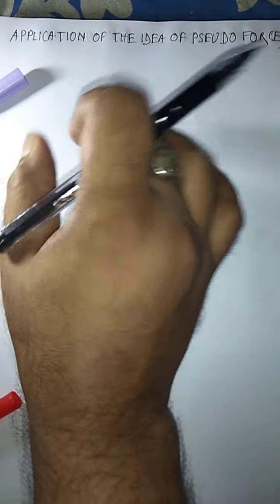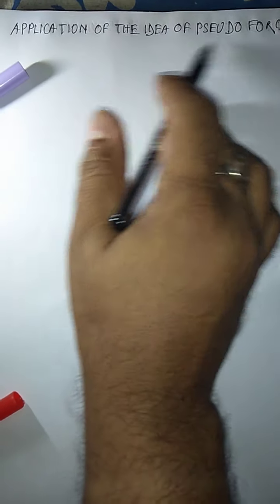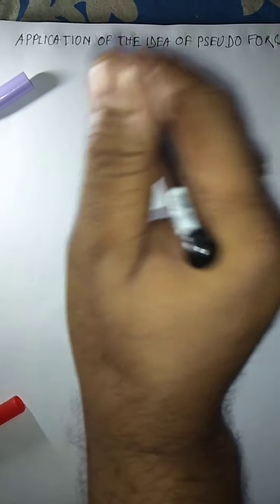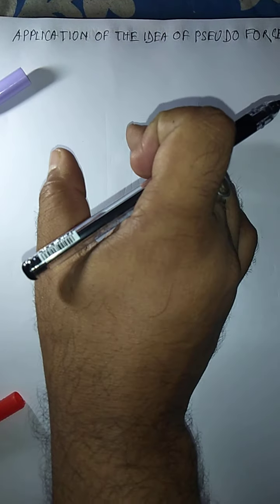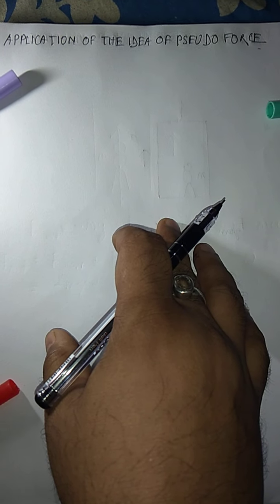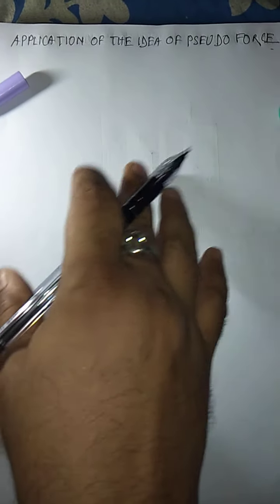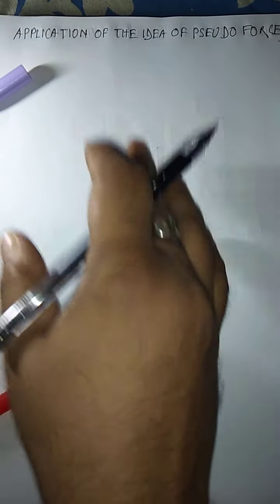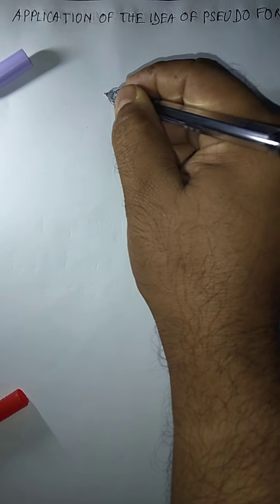Today too, we restrict the application of the idea of pseudo force to the condition that the object remains stationary relative to the non-inertial frame of reference, and the non-inertial frame of reference comes here today in the form of an elevator.